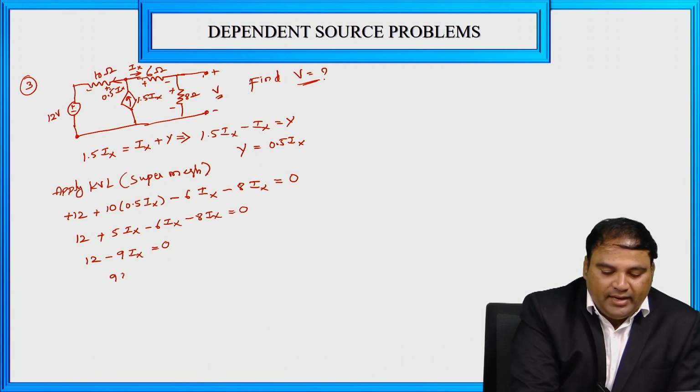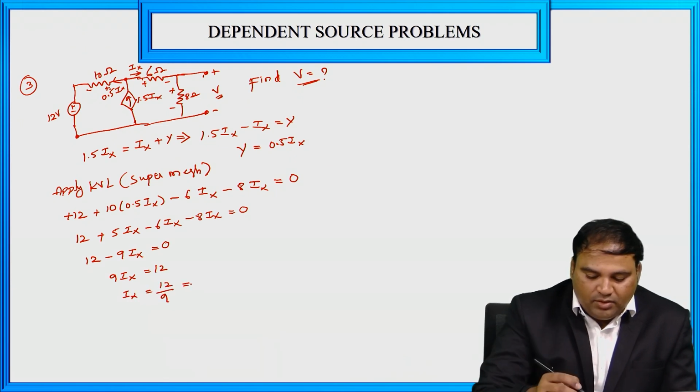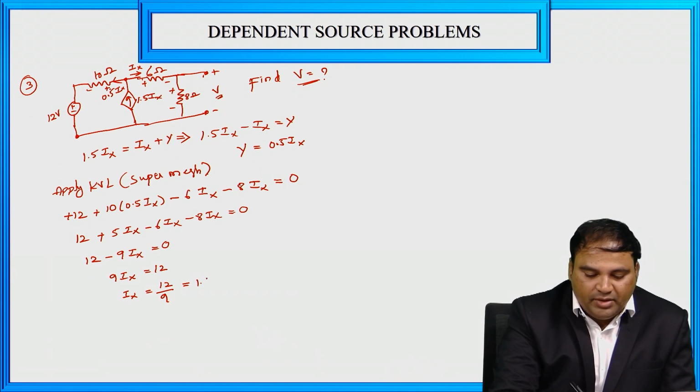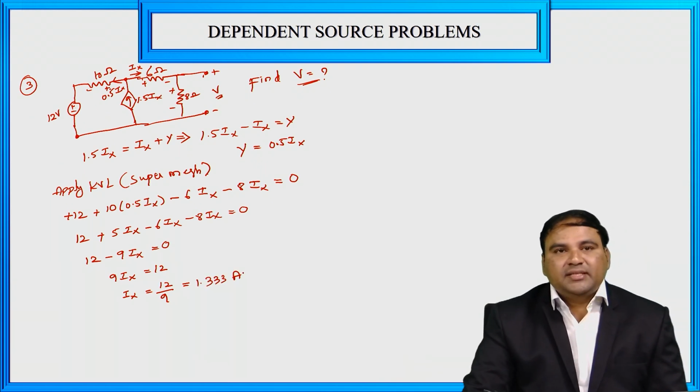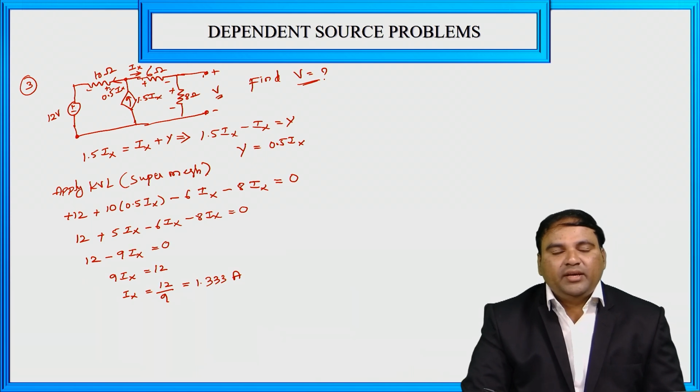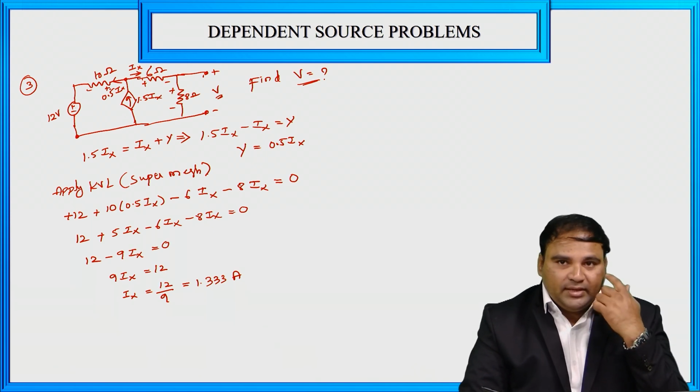Then 9Ix is equal to 12, then Ix equal to 12 divided by 9. Now 12 divided by 9 is 1.333 amperes is the current value. Okay, so current through that given loop.